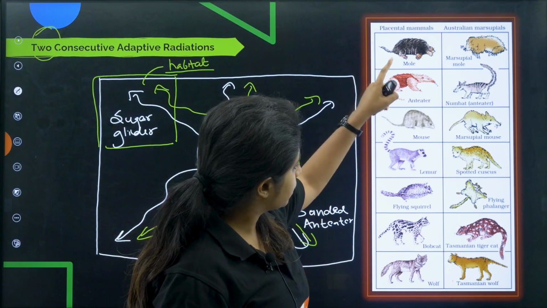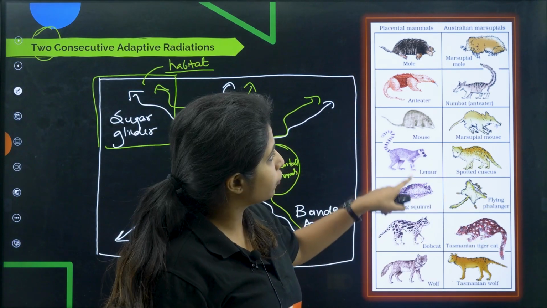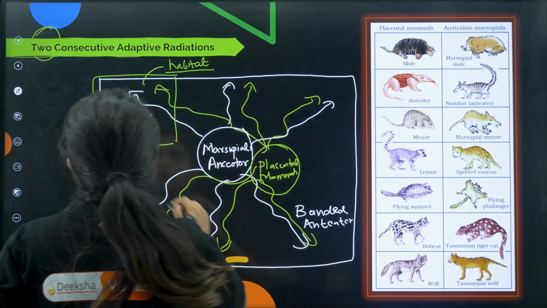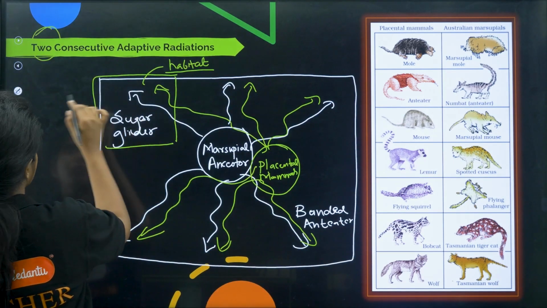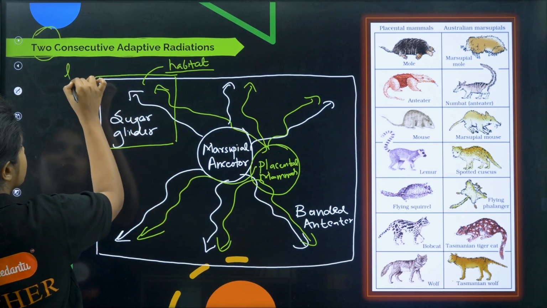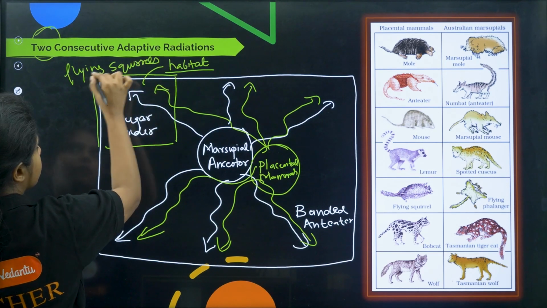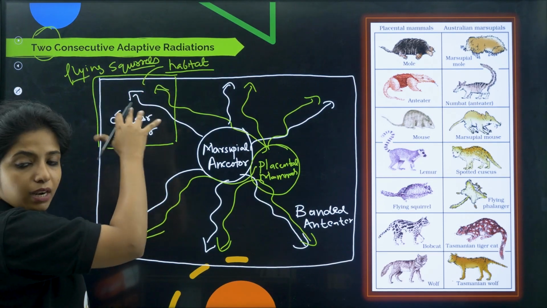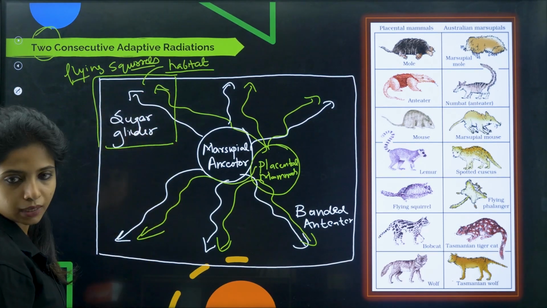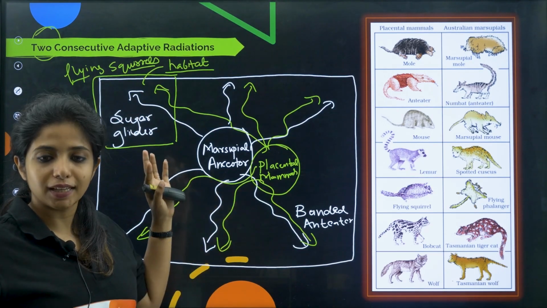You had flying phalanger, this is a sugar glider, and in the case of placental mammals, what did you have? You had flying squirrels. Both of them are flying because the habitat is like that. They evolved in a way that they can fly easily there.